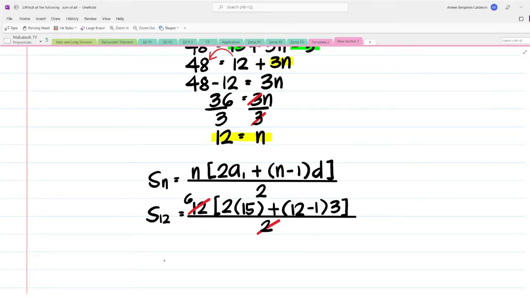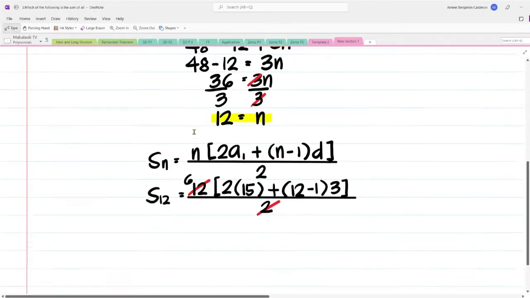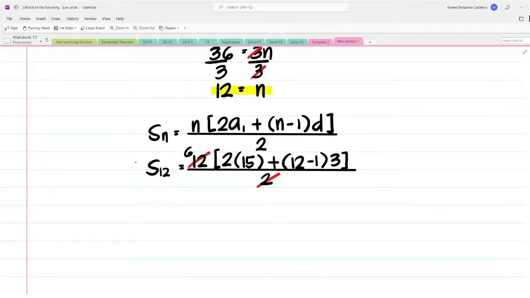So that in this particular case, that is 6. So we are now left with S sub 12 is equal to 6 times 2 times 15 is 30 plus 12 minus 1, that's 11, times 3, that's 33.